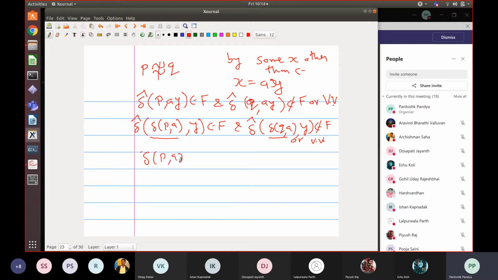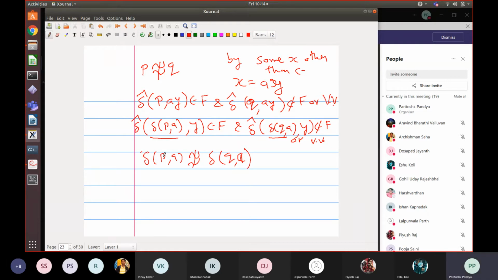Delta of PA is not equivalent to delta of QA. And why is that the case? Because the smaller string Y distinguishes these two states.